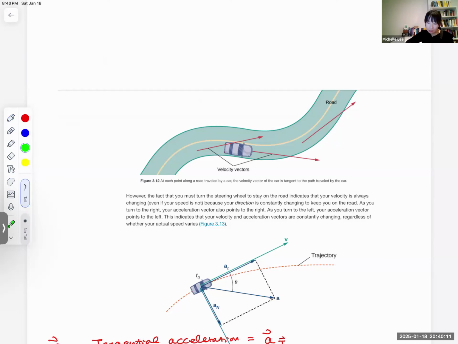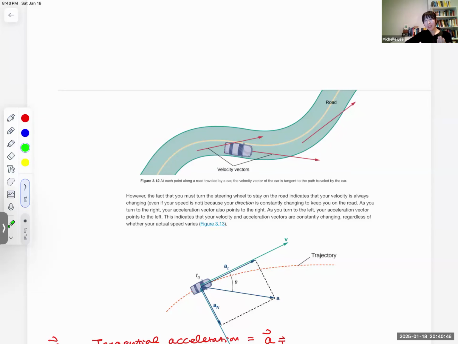If we have a sharp curve and the car drives straight, it gets off the road, right? So we try to steer the wheel to the left to stay on the road. This way we have a direction, so we call it the velocity vector, yeah?